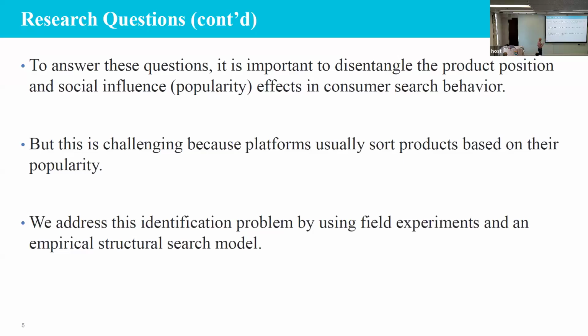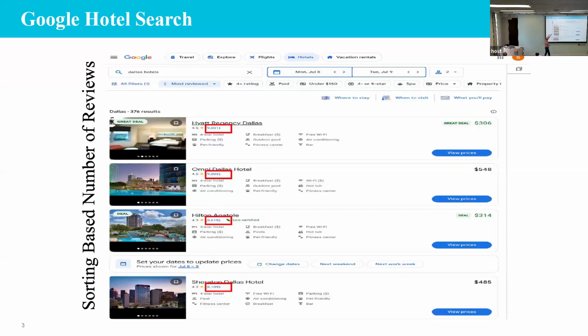But this is challenging because when you have popularity information displayed, the popularity information and the ranking or the positions of the products are highly correlated. And so if in the data we see more people click the higher ranked items, the data doesn't quite tell us: is it because people pay more attention to the position or to the popularity information? Okay, we have this identification problem there.